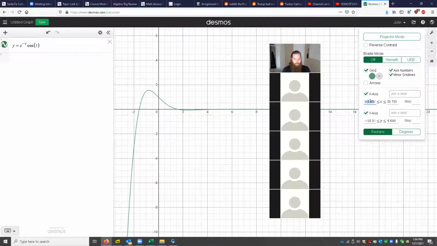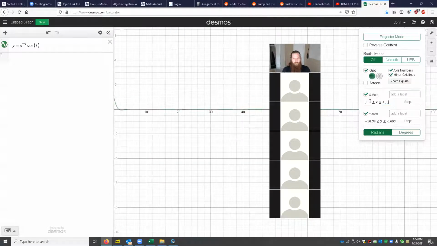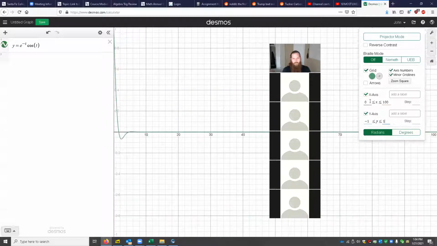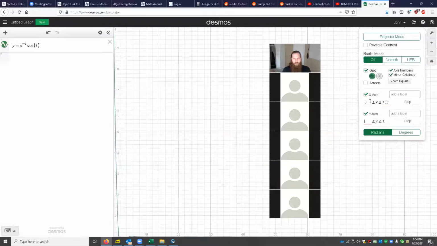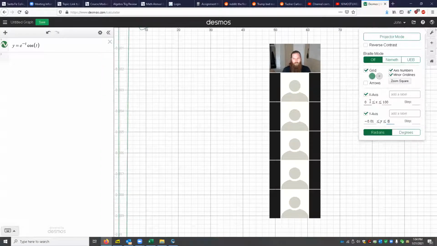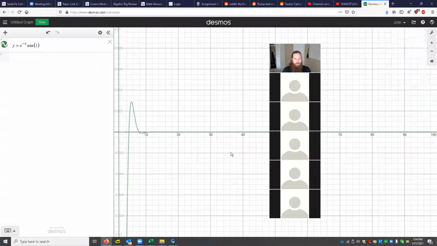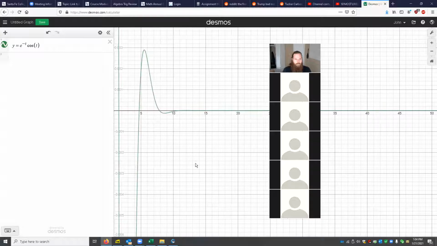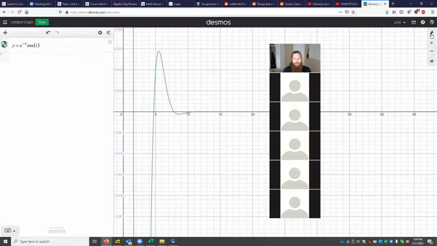X-axis. Something like this. It's actually, this is too exaggerated.